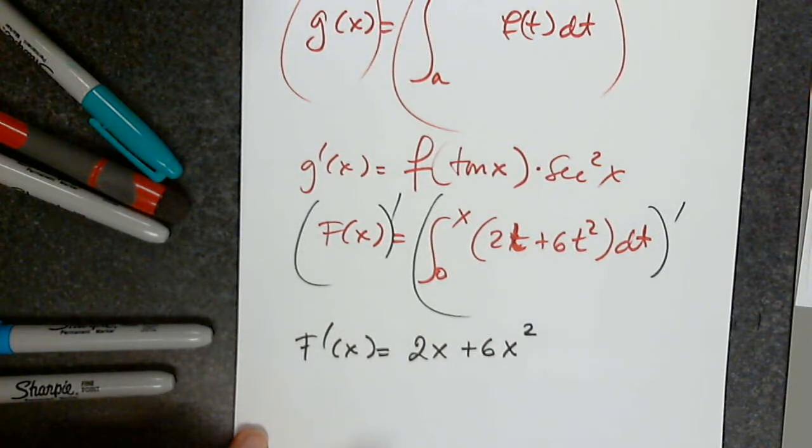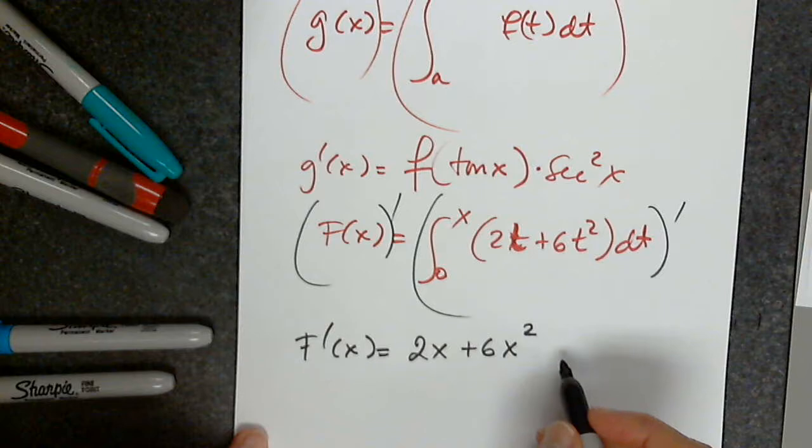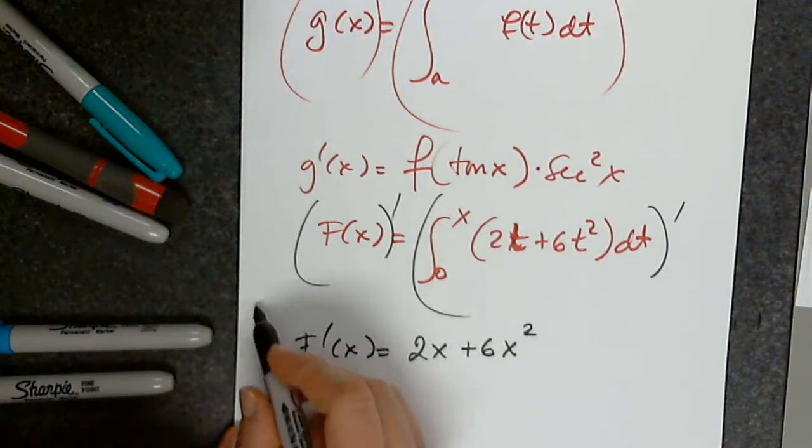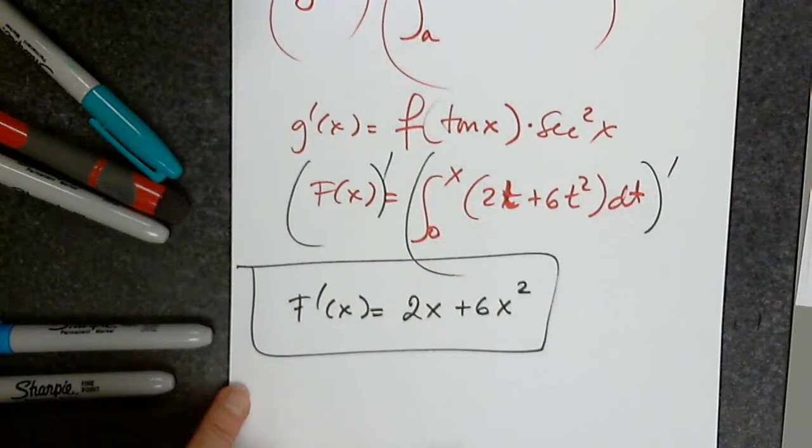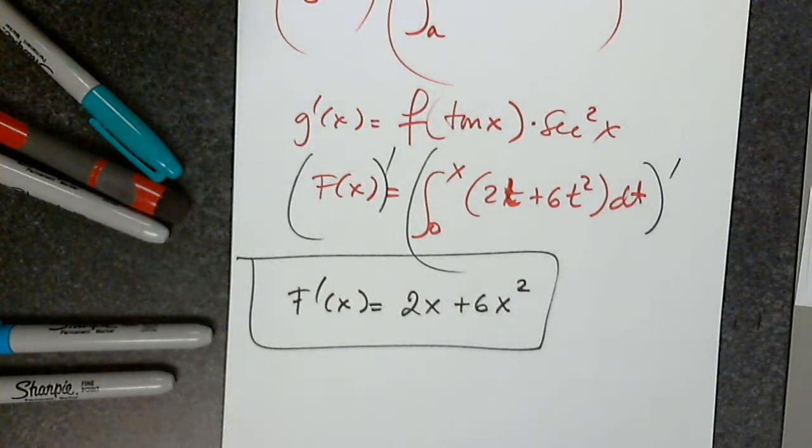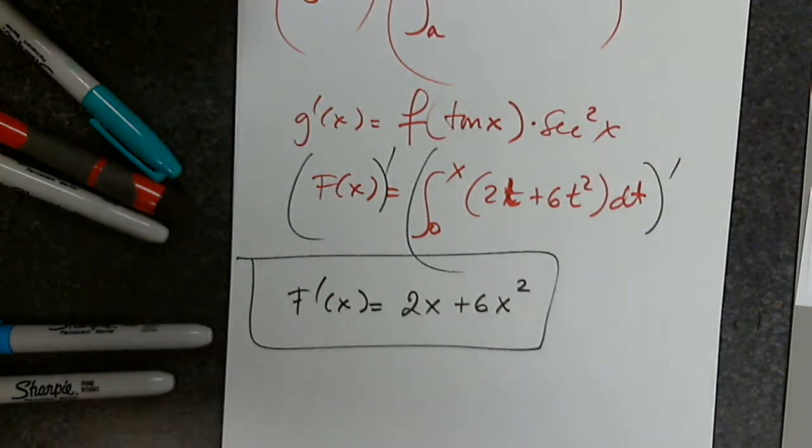I'm differentiating, I'm not finding the integral, I can't. It's a function. Times the inner function prime, but that is 1. This is it. We cannot find the integral. We are only differentiating.